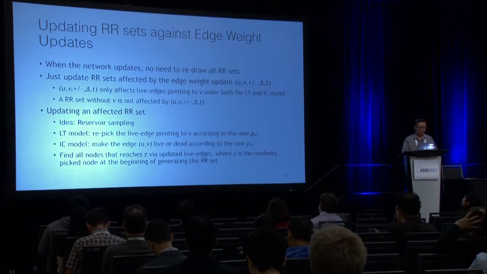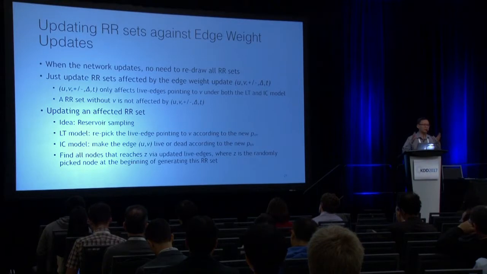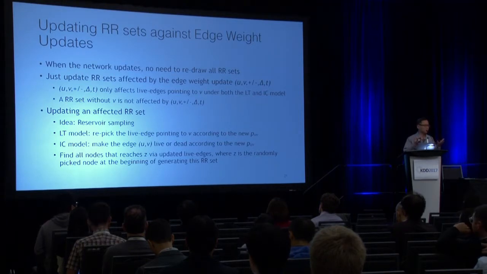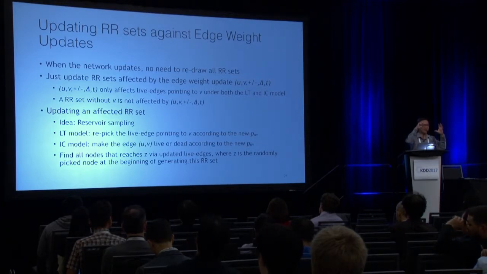So how can we update the RR sets against the edge weight updates? Because, as I explained to you, if you maintain a good RR set, estimating the influence becomes really simple. You just calculate the expectation. And calculating the expectation, you only need to count how many RR sets contain this vertex v, right?